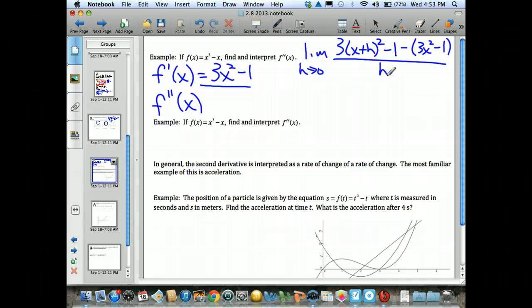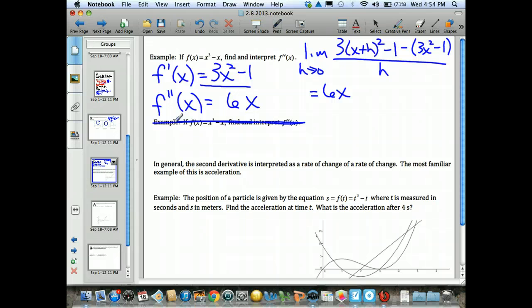Hopefully we're at the point now where we can buzz through here and do the algebra real quick. I'm just going to cut to the chase here. But what you end up with is this, when you simplify this, you end up with 6x, okay? So the second derivative is 6x. Not sure why I had that in there twice, so just ignore that. That was the same problem, okay.